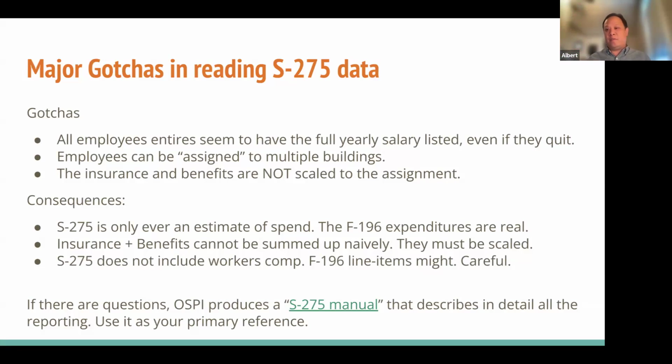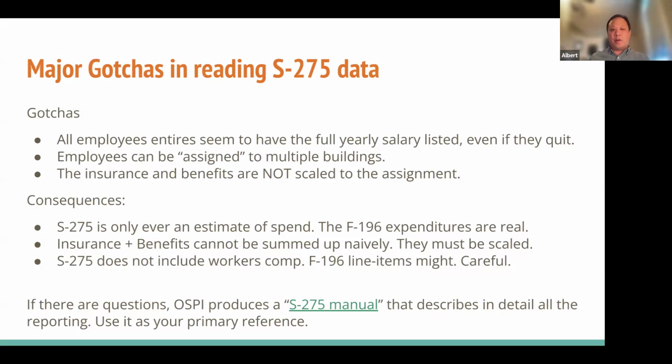For example, a speech pathologist is not going to be going to one school for 40 hours; they do 2 or 3 schools. And this is a problem because if you use the Excel version of this data on the website rather than the Access version, the state has incorrectly made a mistake and combined those buckets together. So you can't see the employees split between schools. You've got to use the Access version.